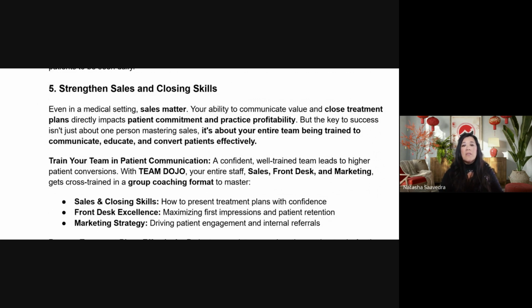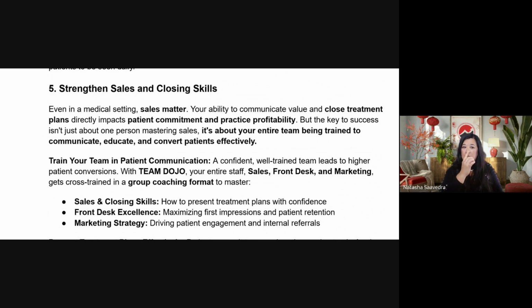Strengthen your sales and closing skills. Even in a medical setting, sales matters. Your ability to communicate value and close treatment plans directly impacts patient commitment and practice profitability.